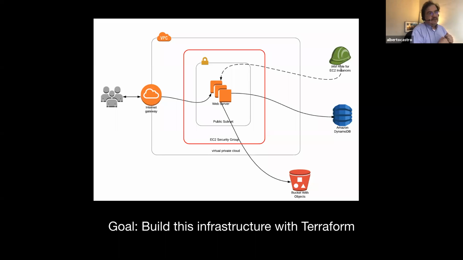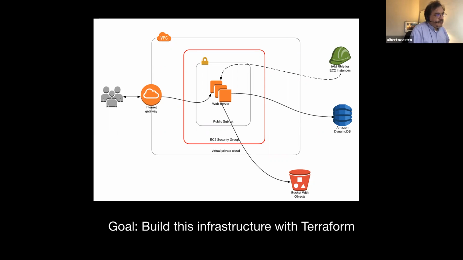And we have an EC2 security group, which simply defines the rules for connecting to different things. In this case, we're going to be very lenient. We're also going to allow, though I didn't show it there, an SSH connection to a machine that you may use to log into these EC2 instances. We also have an Amazon DynamoDB database and an S3 bucket with objects.